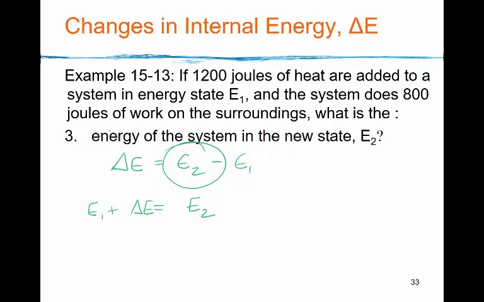So E sub 2 is going to be E sub 1, because we didn't know what E sub 1 was, plus 400 joules, because this is delta E of the system. So E sub 2 minus E sub 1 will give us that difference. Does that make sense?